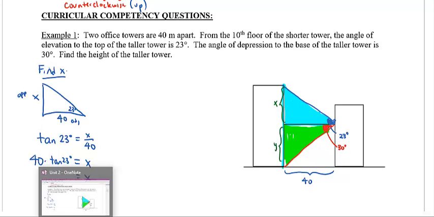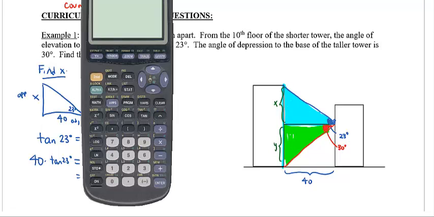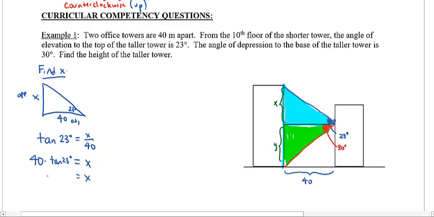Hopefully your calculator is quicker than mine. Make sure you are in degree mode. So mode degree, perfect. 40 times tangent 23 is 16.97. So 16.97 meters. Good.